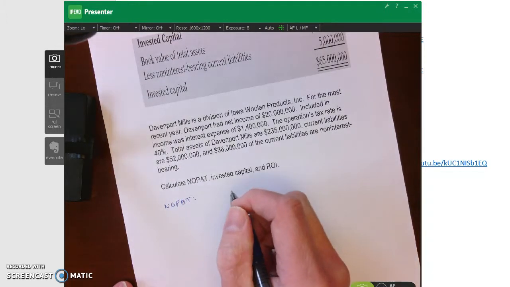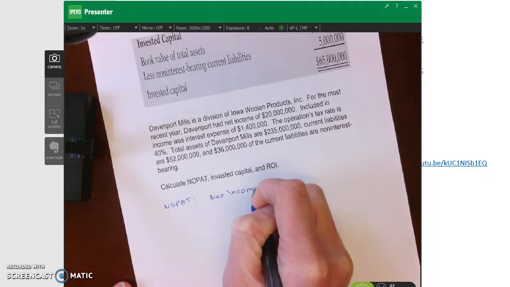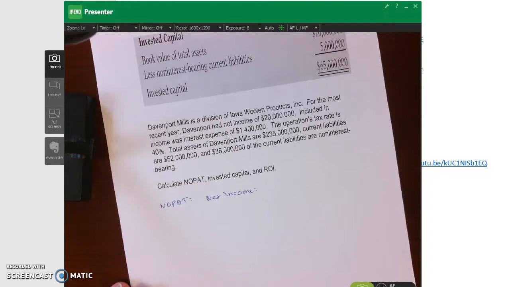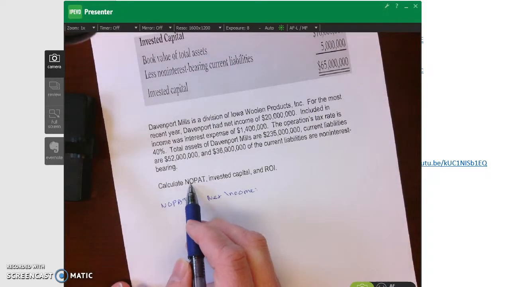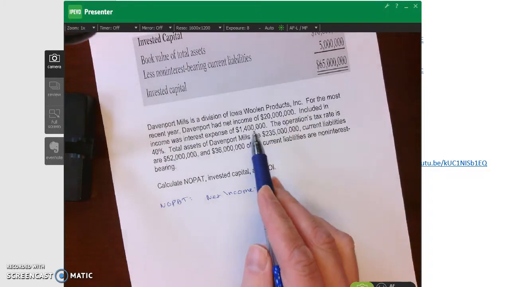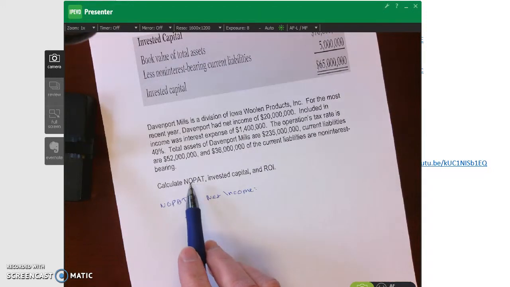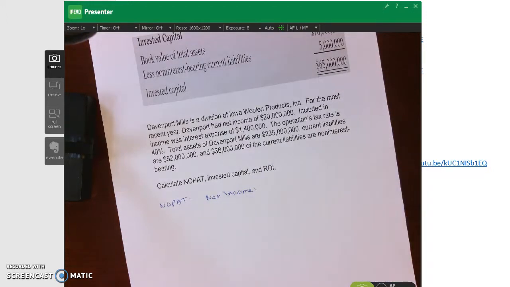For NOPAT, the first thing we're going to do is take our net income. In this case we're not given income from operations, so we have to calculate it. Remember, this is our net operating profit after taxes. We're only given net income and the interest expense, but we can back into figuring out NOPAT, which is what we were talking about in the prior video.